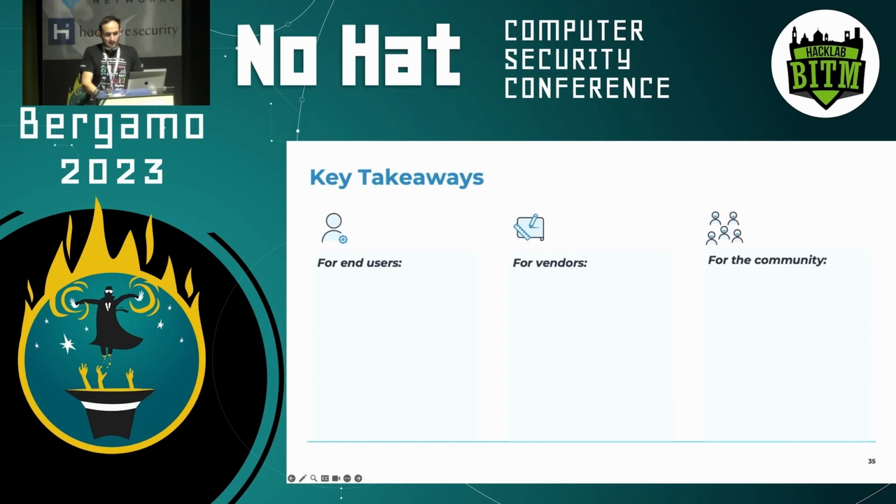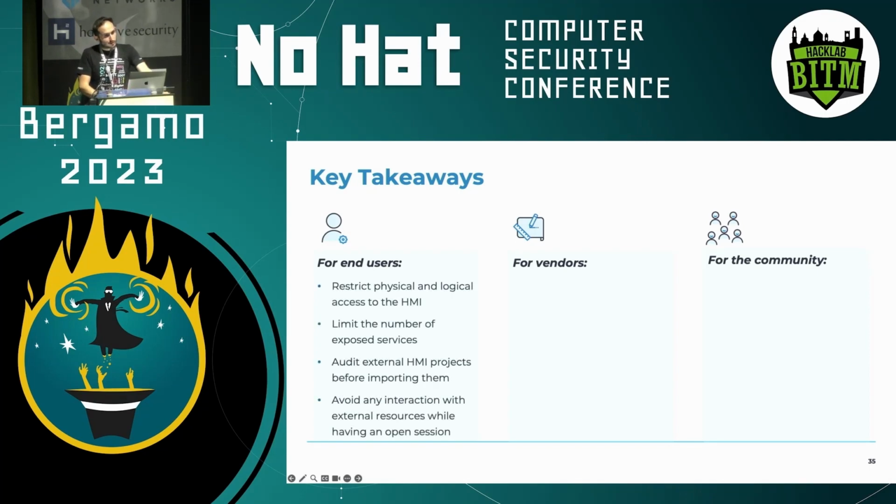Now, for the key takeaways, here are some recommendations for end users, for vendors, and for the community in general. For end users, remember to restrict logical and physical access to the HMI, because you have seen that in a matter of seconds, you can compromise an HMI by having unauthenticated logical or physical access to it. Limit the number of exposed services, that's for sure, as usual.